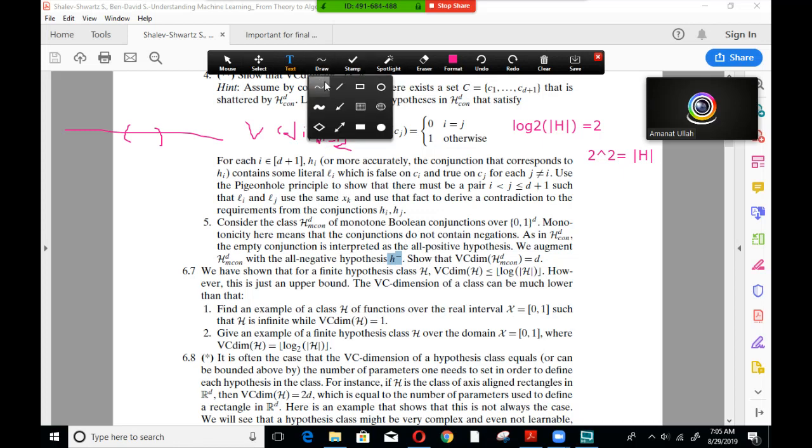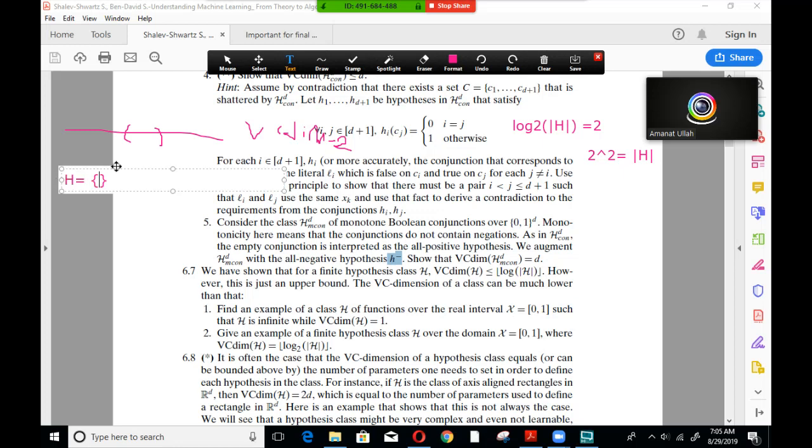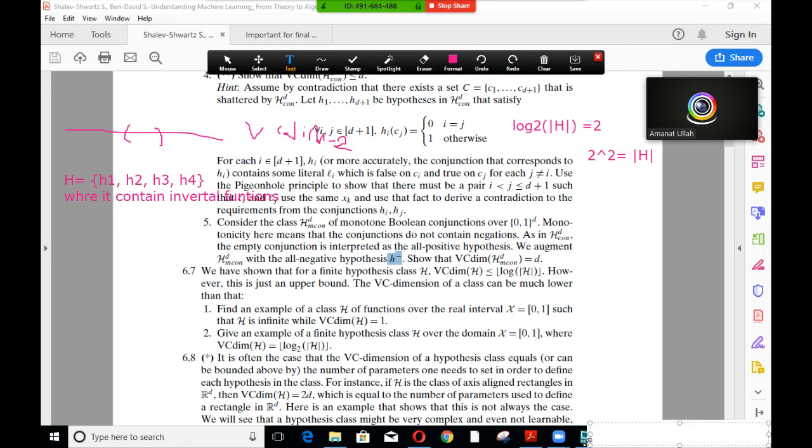So we can just define a hypothesis class which has 4 hypotheses, and you can write h1, h2, h3, h4, where it contains interval functions, and it contains 4 interval functions, so this can also be an answer. So that covers the exercises of chapter 6.